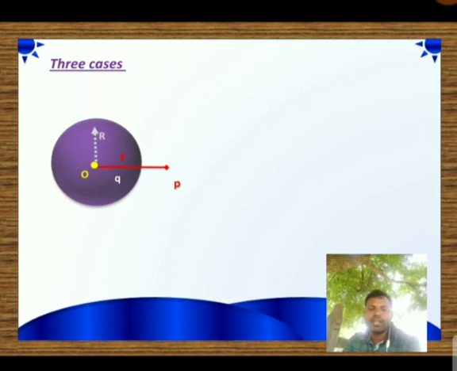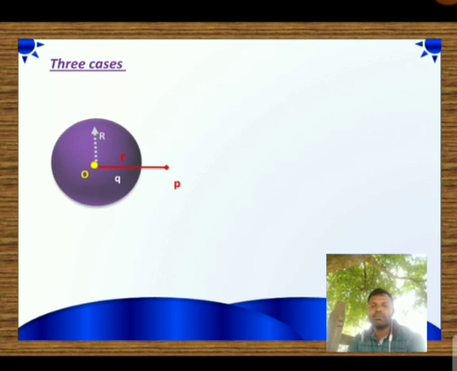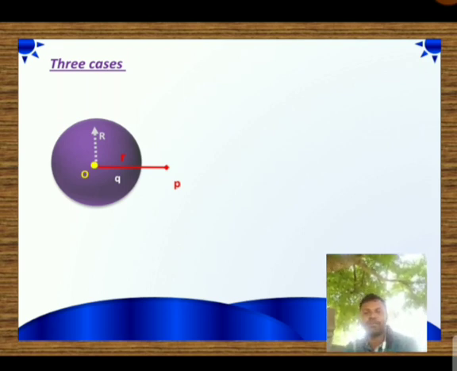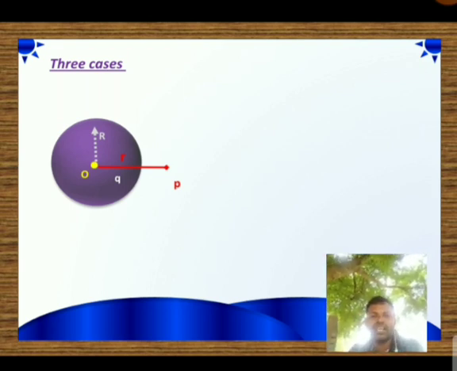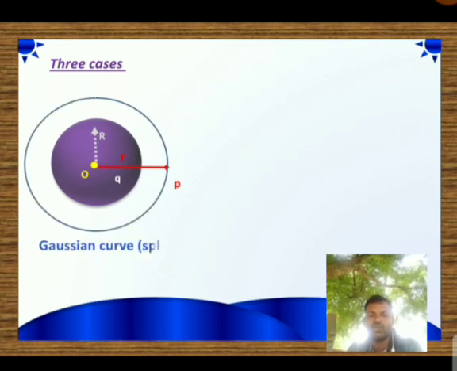First case is I have to find out the electric field intensity at point P, which is at a distance r from the center, outside the sphere. For that what I have to do? I have to draw a Gaussian surface. This is my Gaussian closed surface. Now I have to find electric flux. For that I have to take a small area dS and electric field, and I have to use the formula, right?